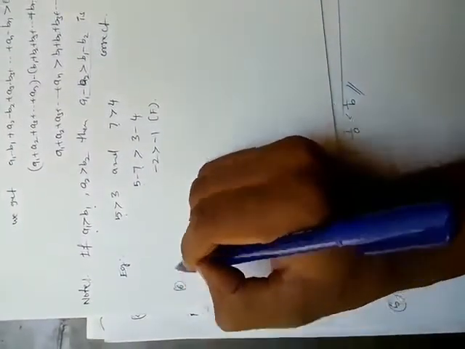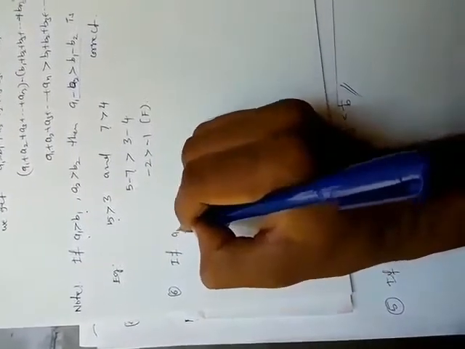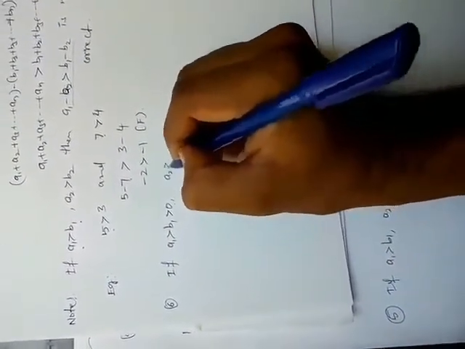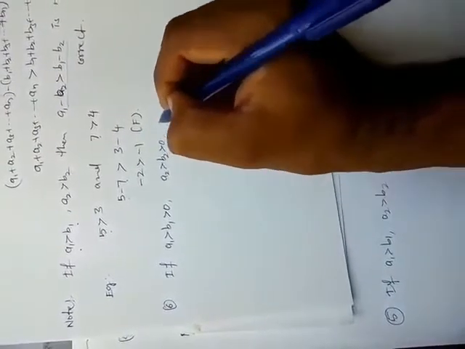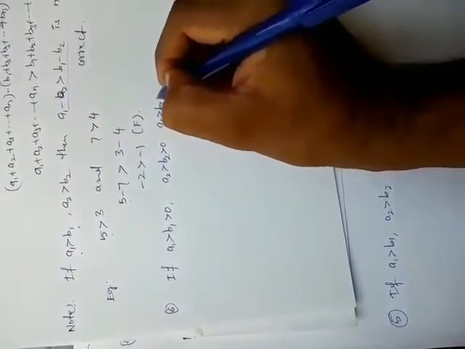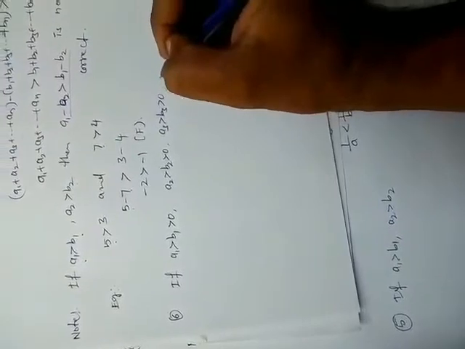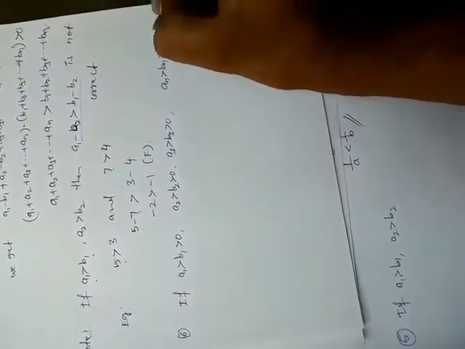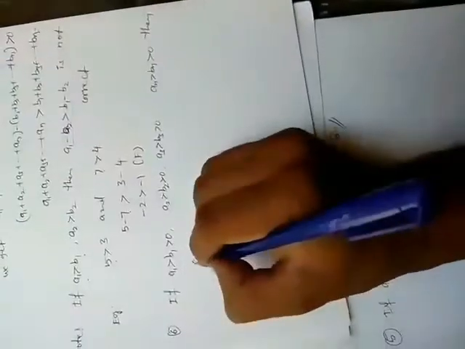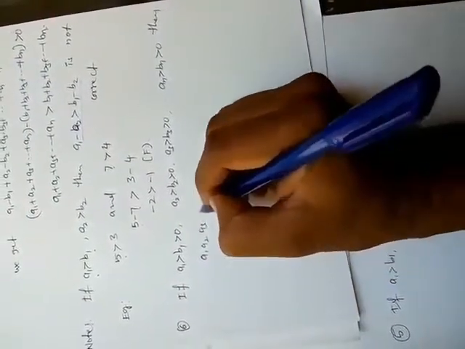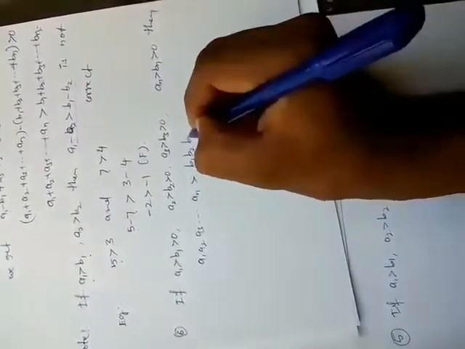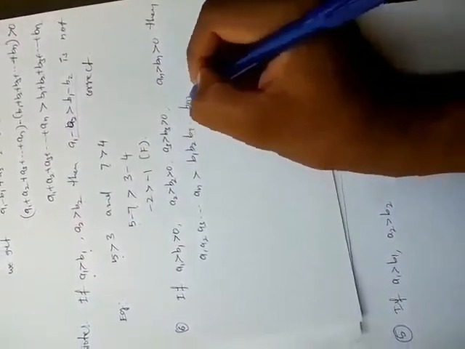Another property, sixth one. If a1 greater than b1 greater than 0, a2 greater than b2 greater than 0, a3 greater than b3 greater than 0, so on, an greater than bn greater than 0, then a1 a2 a3 ... an is greater than b1 b2 b3 ... bn.